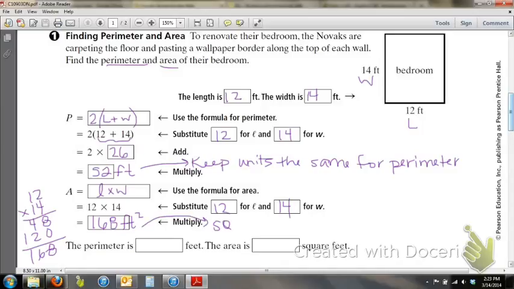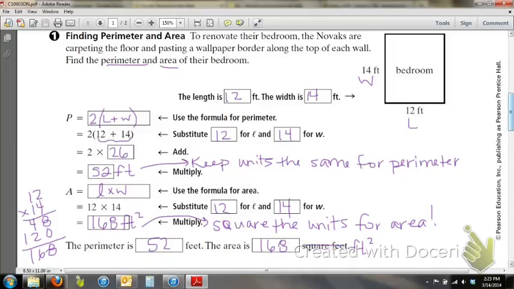You square the units for area, for every shape, all area. You better put that 2 on your little unit. So the perimeter is 52 feet, and the area is 168 square feet, but we usually say feet squared. It's just easier.